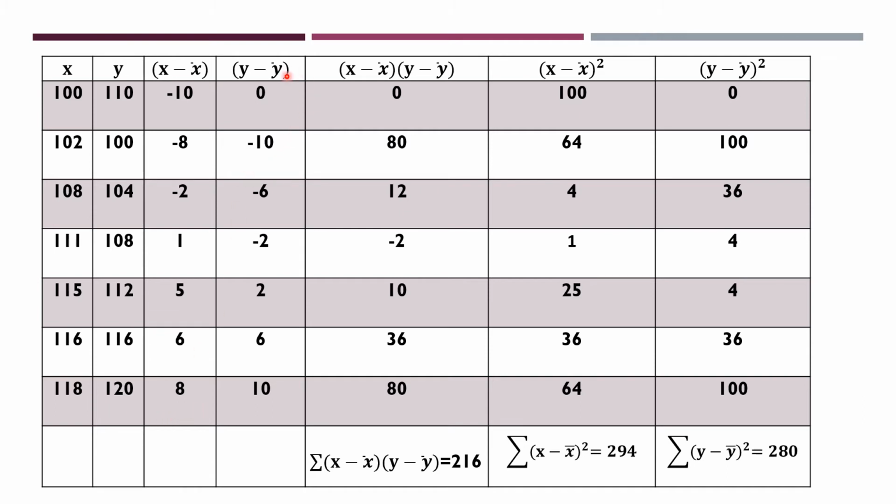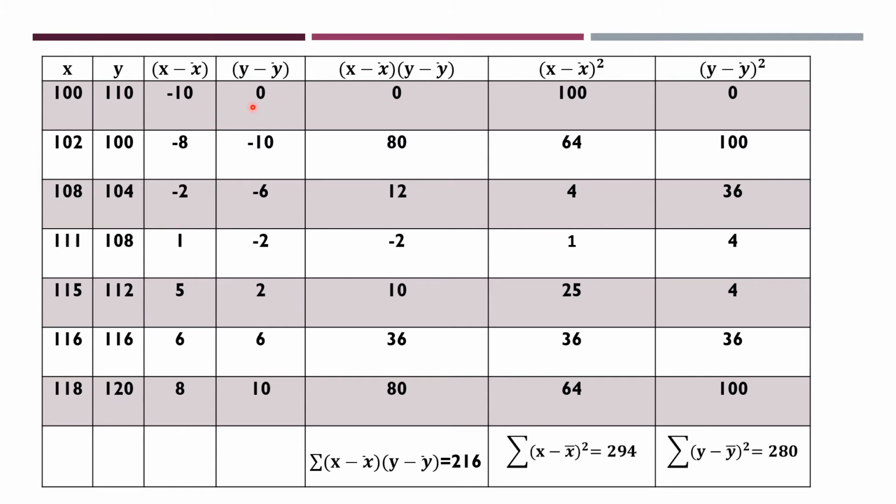Similarly, y bar is also 110, subtracting 110 from 110. So 110 minus 110, 0. 100 minus 110, minus 10. 104 minus 110, minus 6. 108 minus 110, minus 2. 112 minus 110, 2. 116 minus 110, 6. 120 minus 110, that is 10.